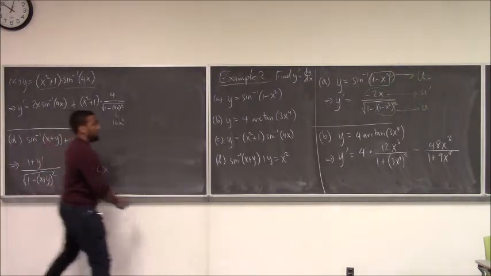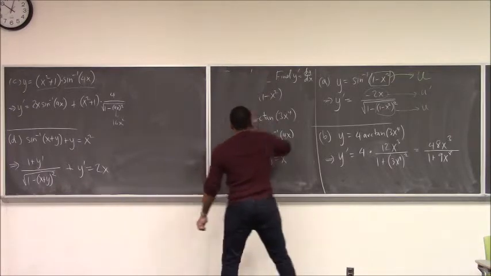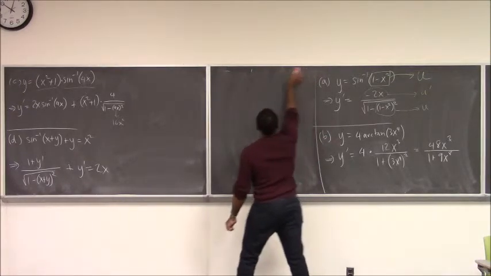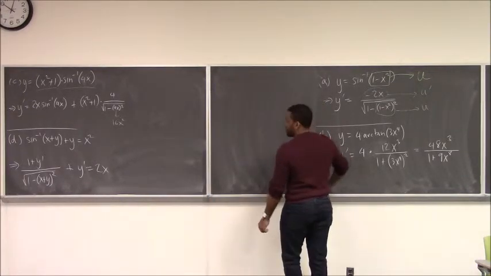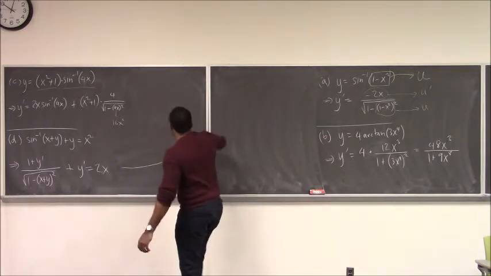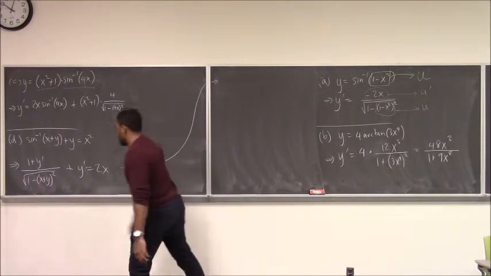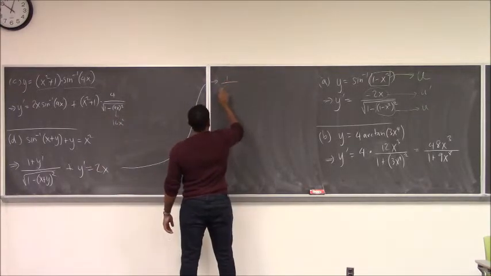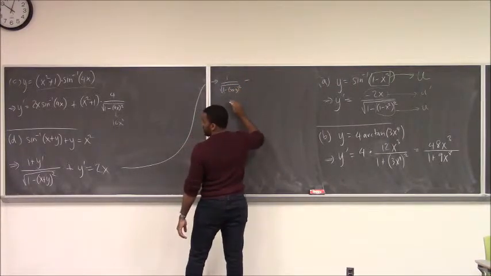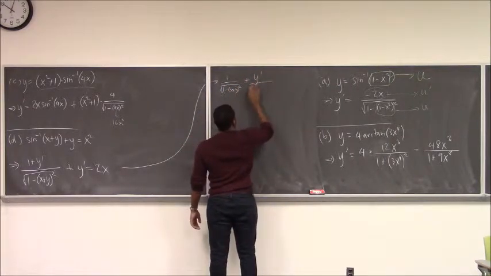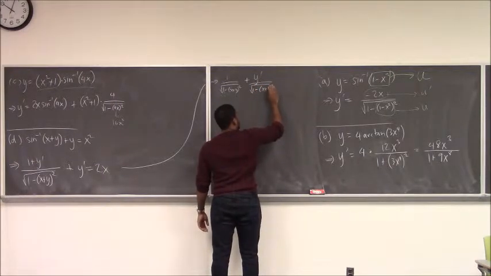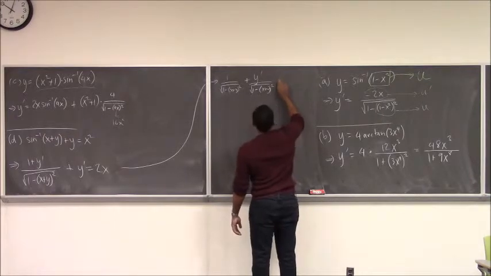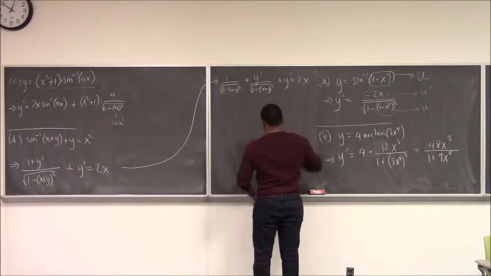And I think that's the last example, so let's continue. So here, this guy just splits up into 1 over that plus y prime over that, plus y prime plus 2x.